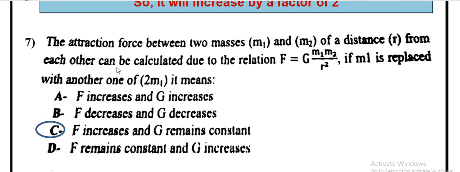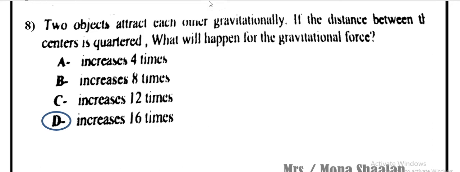Question number 7. The attraction force between two masses m1 and m2 at distance r from each other can be calculated from the relation. If m1 is replaced with another one of 2m, the mass will be doubled, so the gravitational force will increase, but G is constant, it will remain the same. Question number 8.